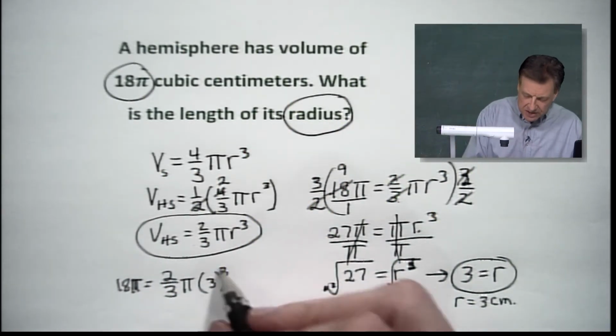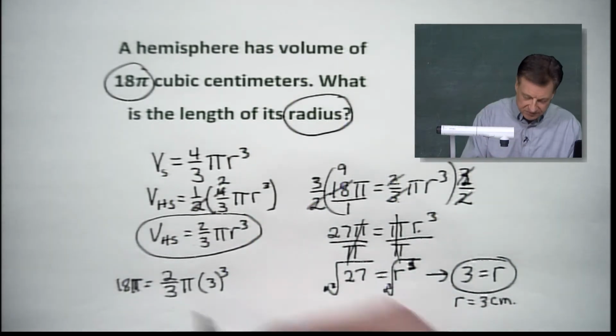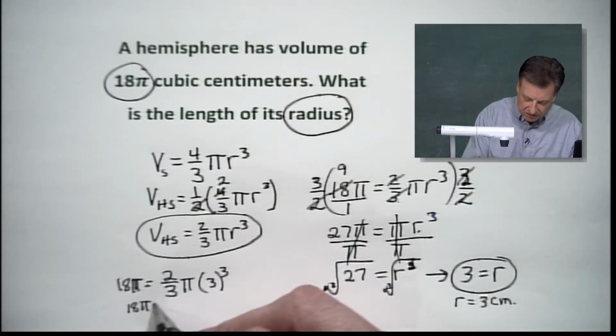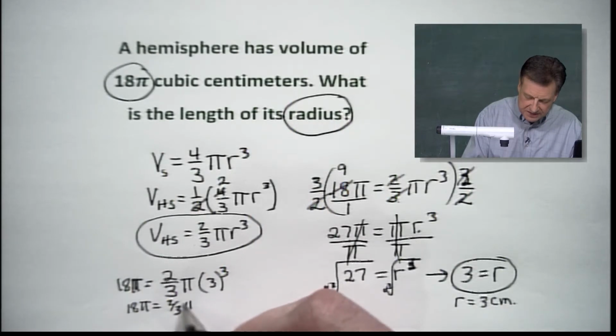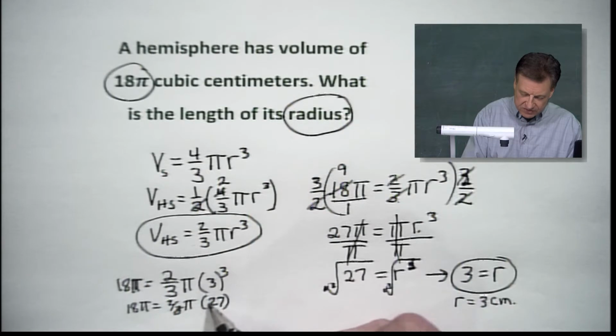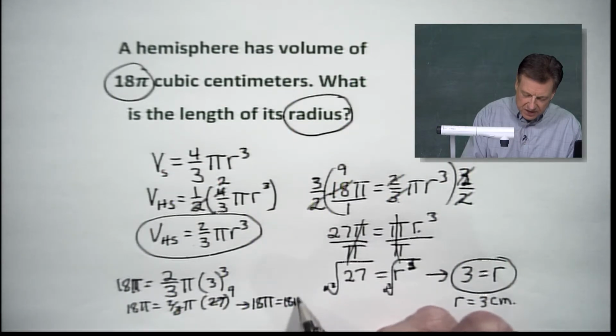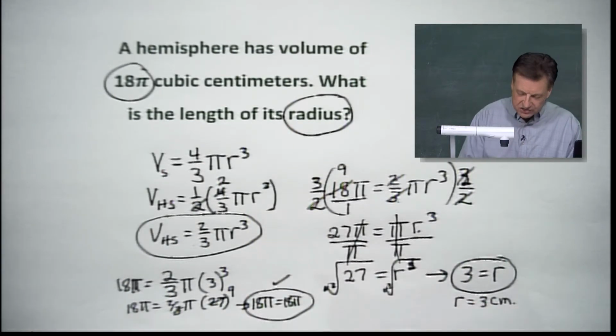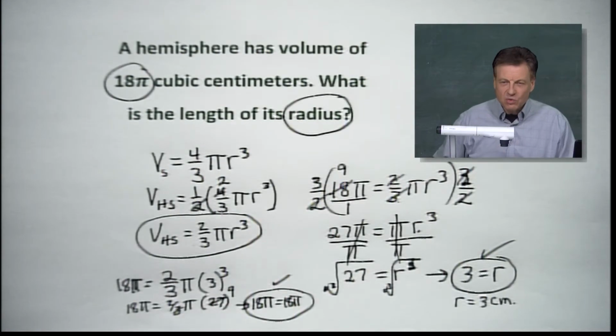We hope so. Hit that 3 to the third. We know it's 27. So we got 18 pi here equaling 2/3 pi times 27. I'm catching the 3 and the 27 doing some good things. So it's going to give us a 9. And you know what that's going to be? 18 pi to the left, 18 pi to the right. Checks out. Our final answer works well for us.